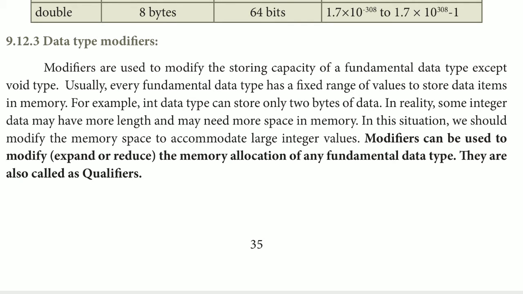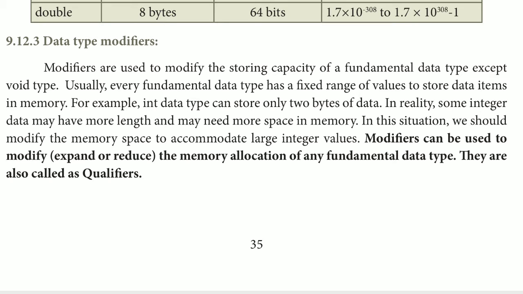Usually every fundamental data type has a fixed range of values to store data items in the memory. For example, the integer data type can store only 2 bytes of data. In reality, some integer data may have more length and may need more space in memory.